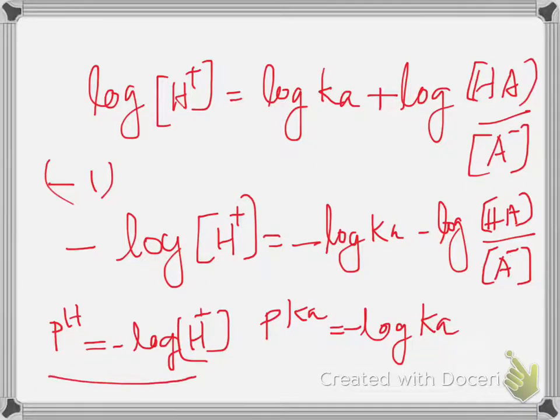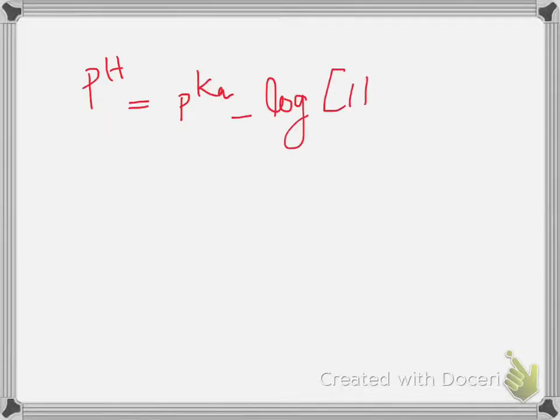Now substitute these values in the above equation. So we get pH equals pKa minus log HA by A minus.